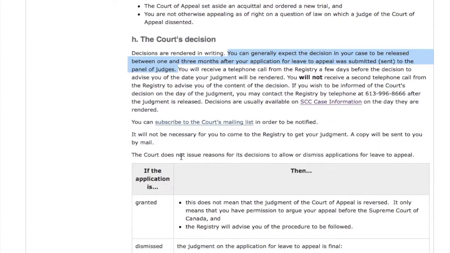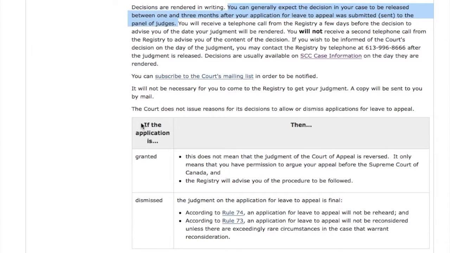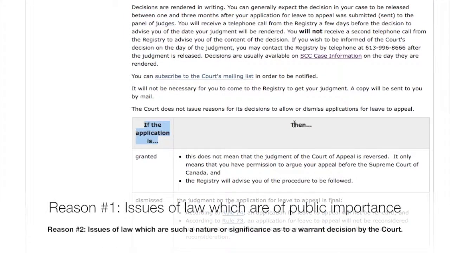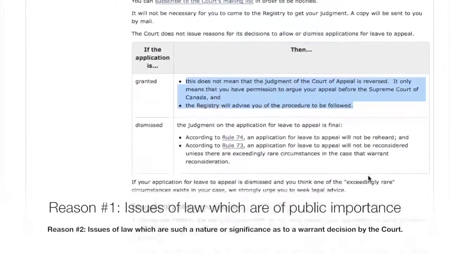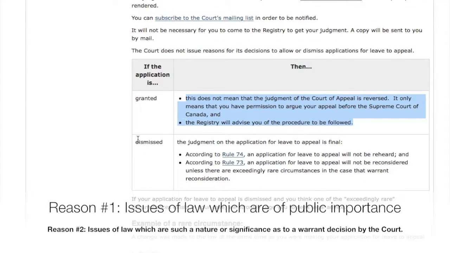Again, I don't know if it's in here, but there's the 2 main reasons why cases will be allowed to proceed. Aside from editorial reasons or political reasons, cases may be shut down. And almost always, there's no reasons given for a dismissal of your leave application.